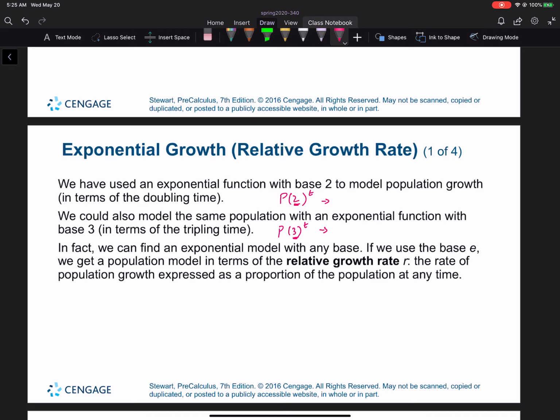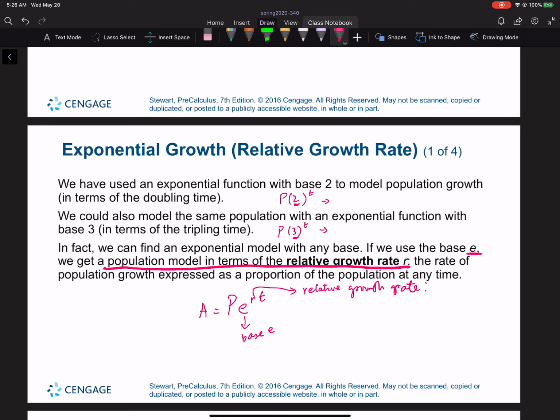Because that's the only place where if we're using base e and we're dealing with the population model in terms of that, then we can say that the amount is the same as P e to the rt, where in this case our base is e and the r represents the relative growth rate.